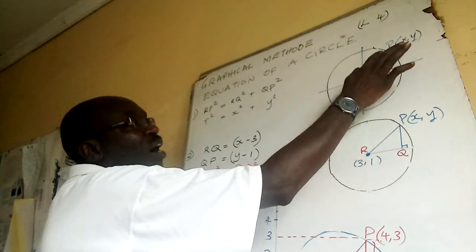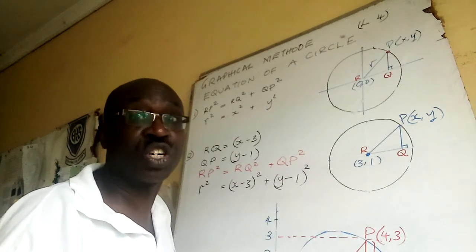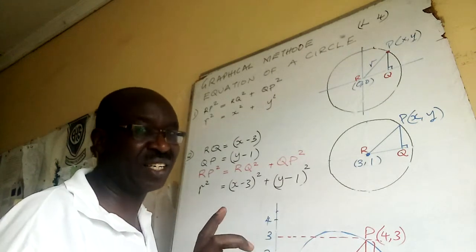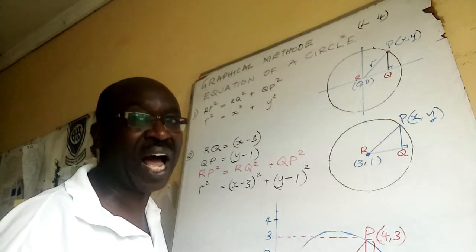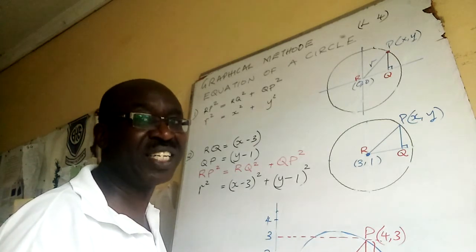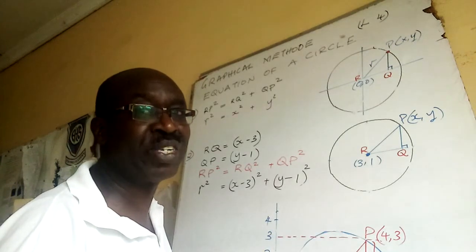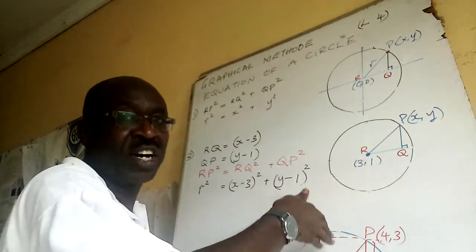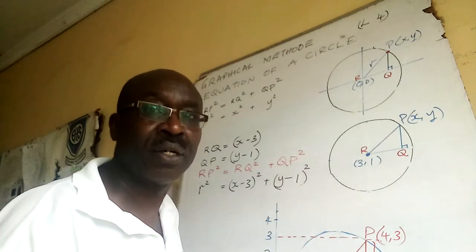Now when you have that and you drop a line to the x-axis, generally it should be a horizontal line, or abscissa. All horizontal lines are also known as abscissa. All vertical lines are also known as ordinates.